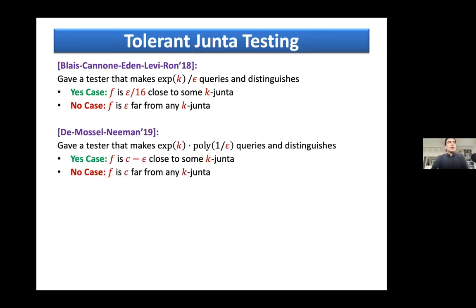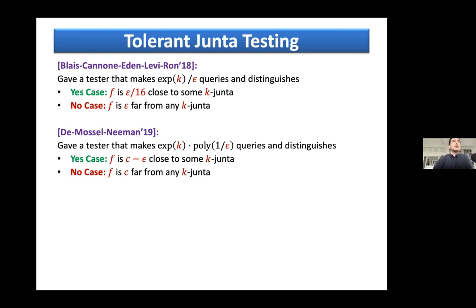A recent result by Mossel and Neeman gave, again, an exponential in k tester that can tell the difference between any two parameters. You can pick C and epsilon to be any two parameters, and distinguish between the yes case where the functions are C minus epsilon close, and the no case where functions are C far.